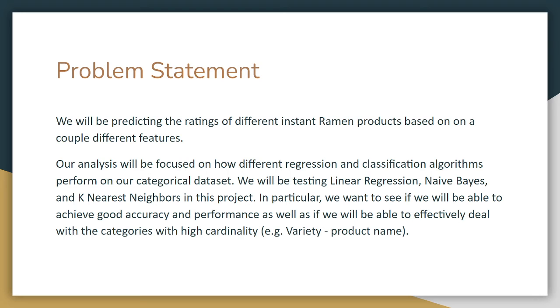So we chose linear regression and k-nearest neighbors for those, and then for classification, we chose naive Bayes. We're hoping to be able to achieve good accuracy across all the different models.